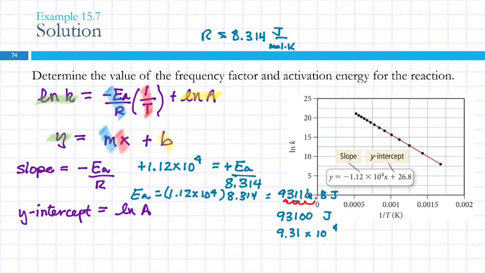Is it positive or negative? It's positive. Some people have trouble with that. I remember having trouble with that. This is how I remember it. Is this a big number or a small number? It's a big number, 93,000. How do I feel about big paychecks? Positive or negative? Positive, right?